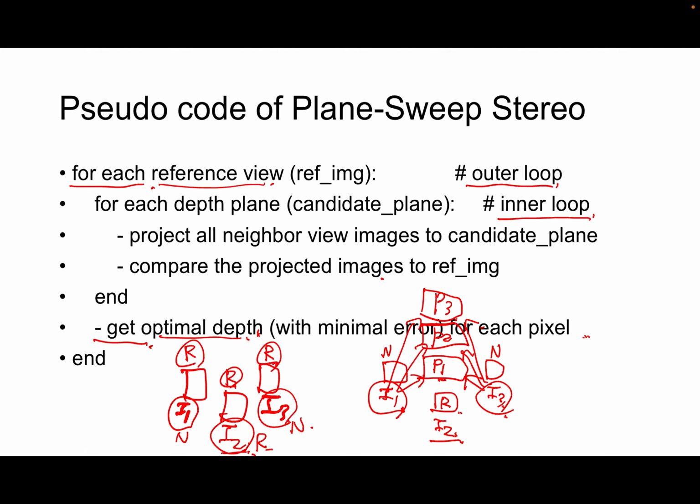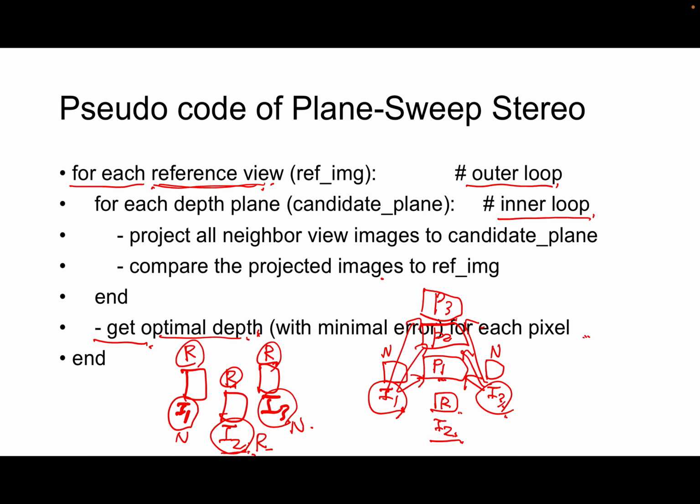So for each reference view, it constructs some virtual depth plane. We will study the detail later. For each reference view, once the reference view is selected, we construct a virtual depth plane, and then we project all neighbor view images to the candidate plane, which is a virtual plane, and then compare the projected image to the reference image.